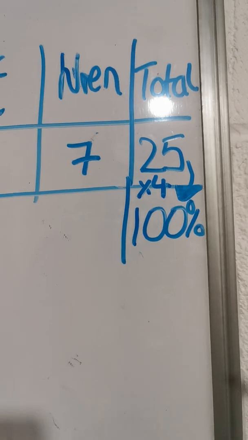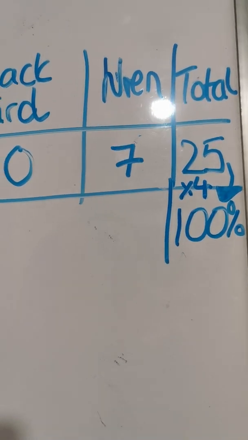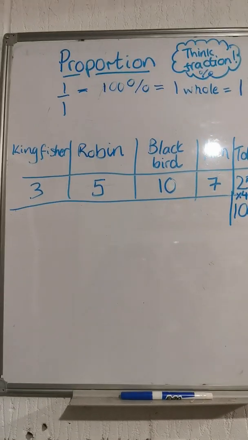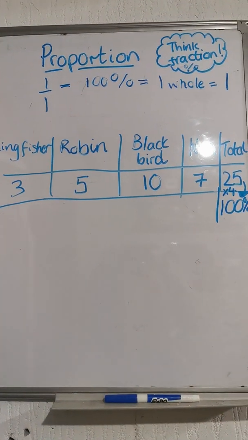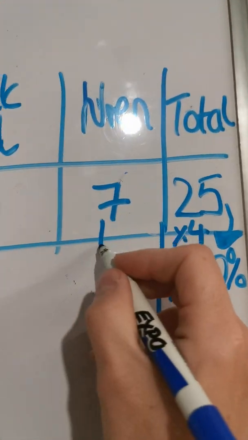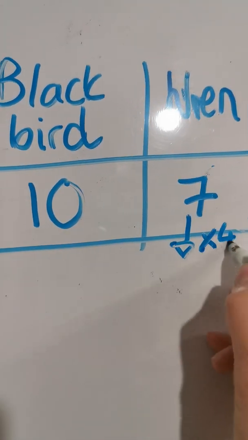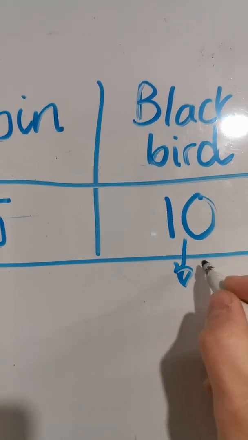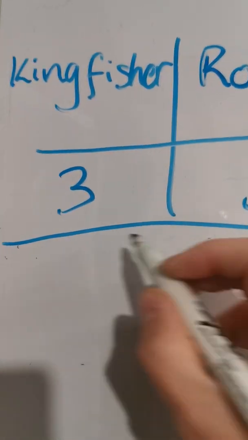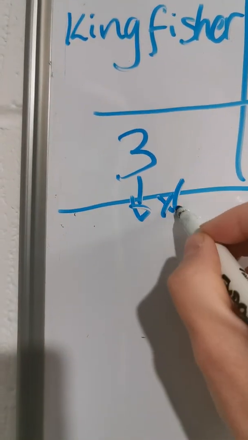So now that I've worked out my multiplier, I now use the same multiplier to multiply every single individual bird total to give me the percentage. So I now do the same for the wrens. So 7 times 4, 10 times 4, 5 times 4, and 3 times 4.